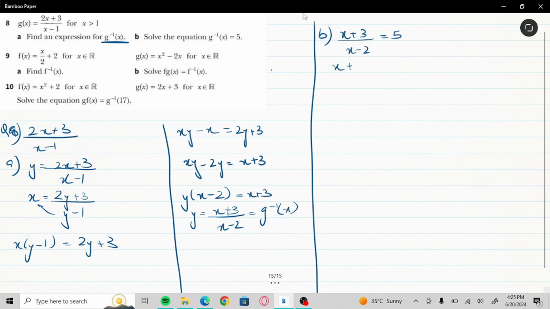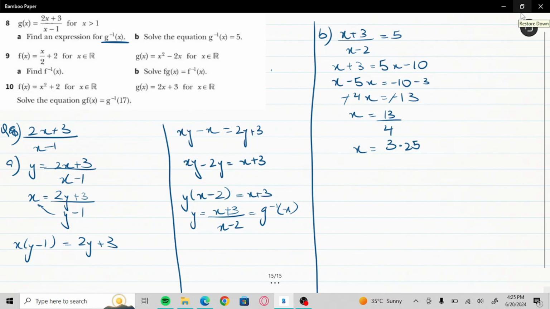That will become x + 3 is equal to 5x - 10, because 5 multiplied by (x - 2) is equal to 5x - 10. Similarly, x - 5x is equal to -10 - 3, so -4x is equal to -13. Cancel the negative signs, x is equal to 13 upon 4, so x is equal to 3.25. You can easily find this through a calculator.